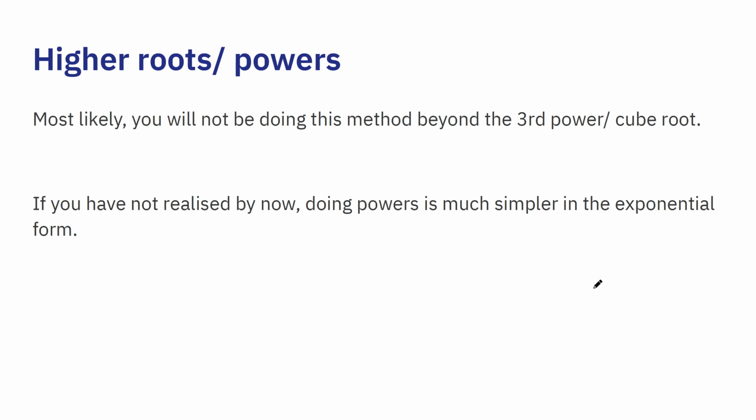Most likely you will not be doing this method beyond the third power or, say, cube root. Doing powers is actually much more simple in the exponential form. Let's say I ask you to do 5i plus 7 to the power of 7. This would be really, really difficult, right? A way we could do this is using the binomial theorem.